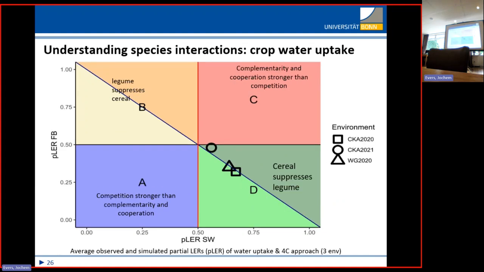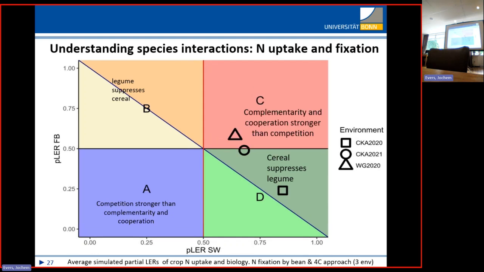And what we did here is also plot the PLERs, for instance for water uptake or for nitrogen uptake. But then, of course, you have only the simulated data, and you can see here that for water uptake, the cereal suppressed the legume in all of the environments according to the model.